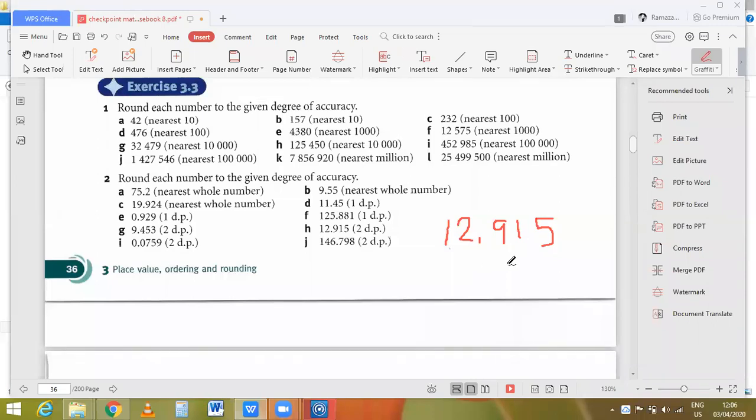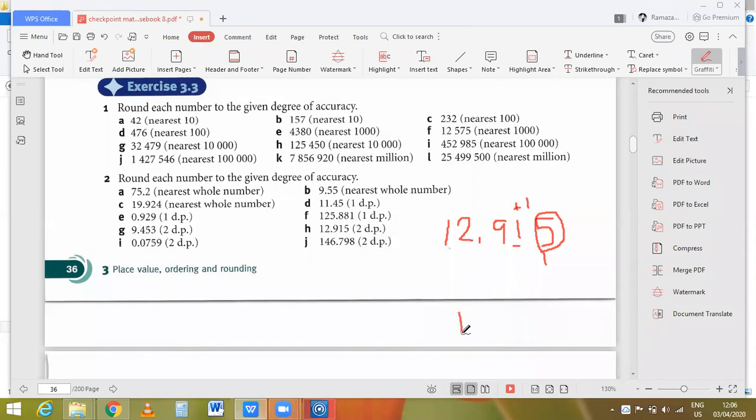Which number is my second decimal place? Is it 9? No, this is the first one. Is it 1? Yes, this is my second decimal place. Now I can find the decider. The decider comes after, the number on the right side. 5 is my decider. Since it's equal to 5, what will I do? I will just add 1 here.